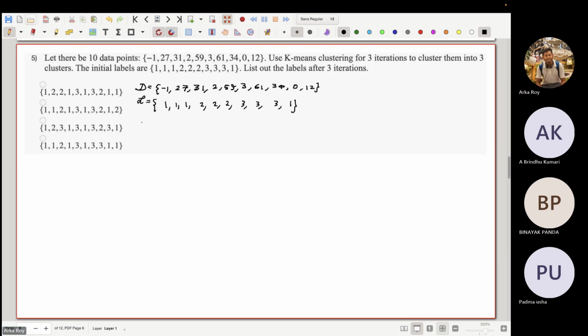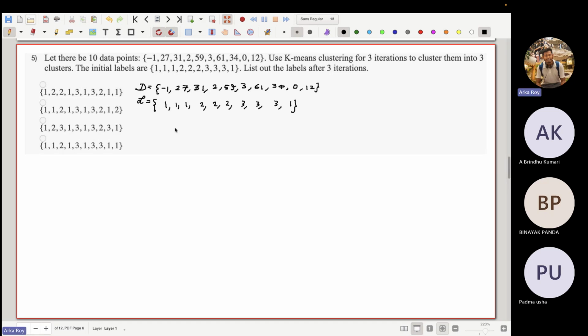Now, because they have given the labels at the start, we can think of these three data points as belonging to class 1. The last one also belongs to class 1.